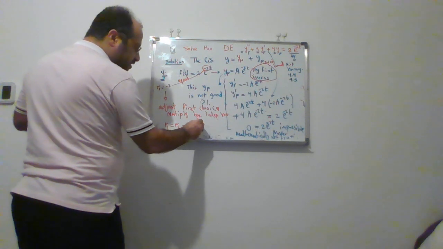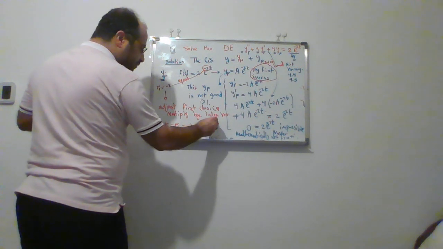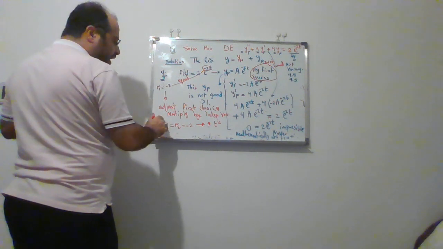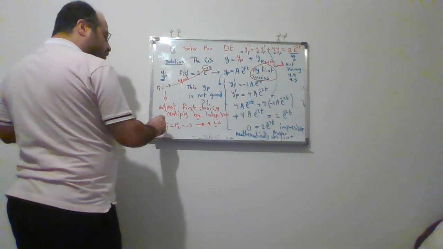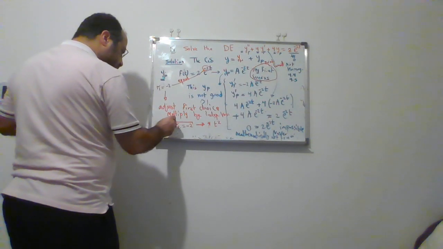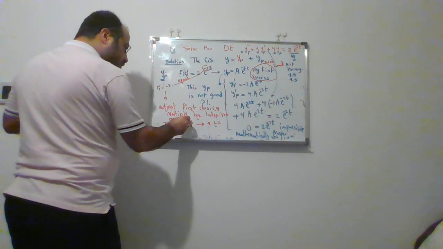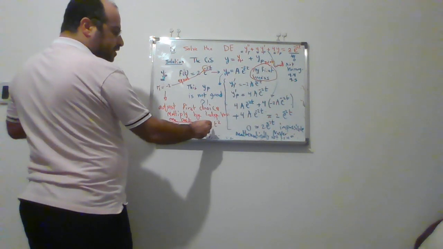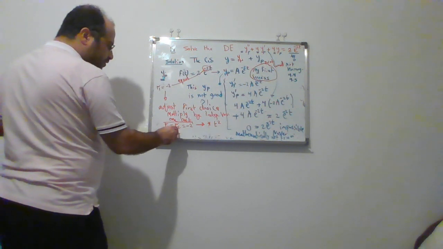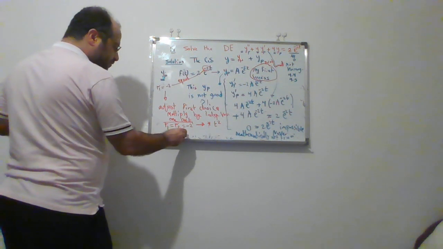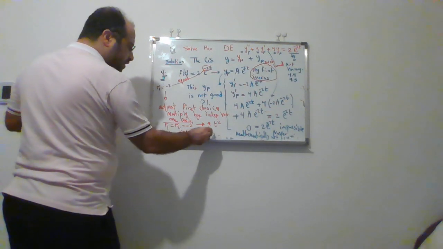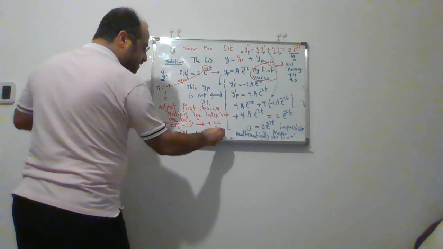So this means you multiply by t squared. Yeah? But okay, if we have one repeated root, then you multiply by t squared. But if we have two different roots, then you multiply by t.